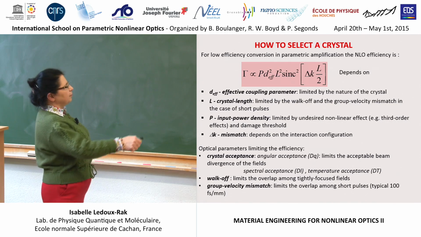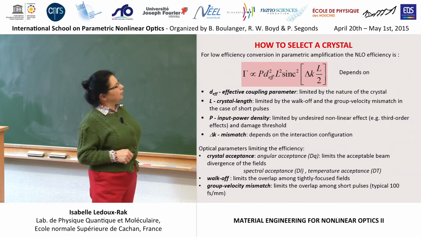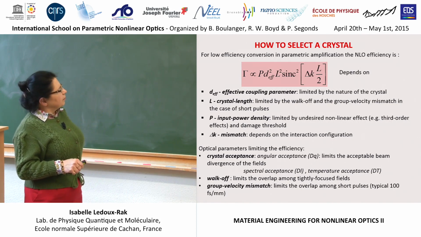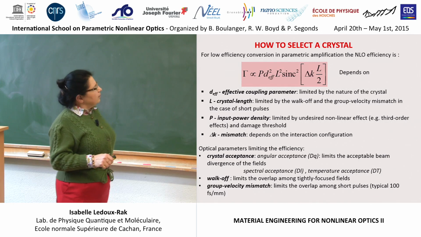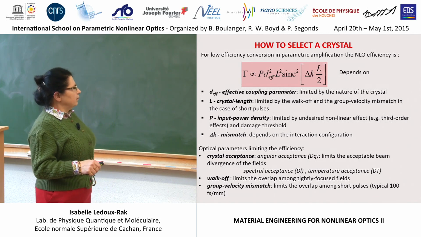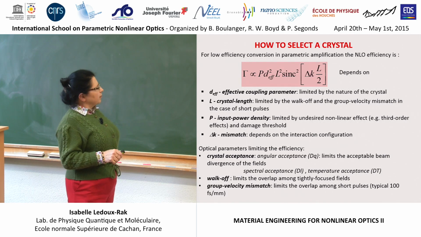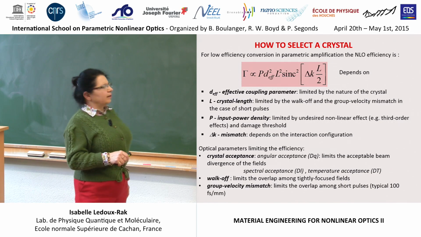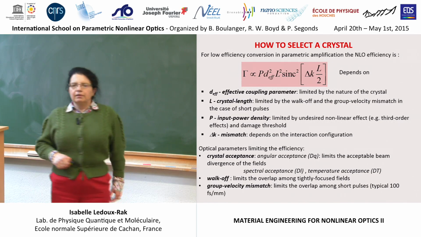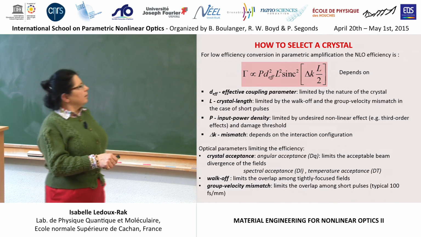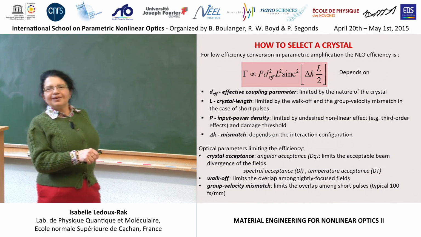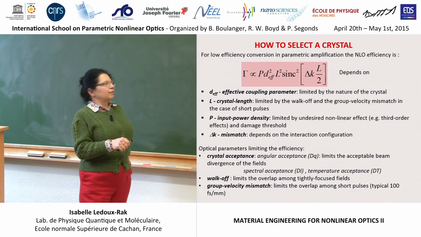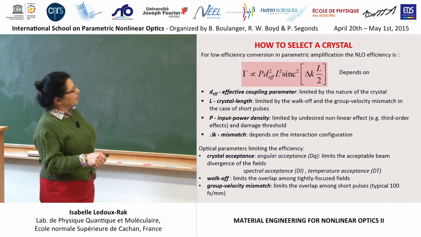So from a general point of view, how to select a crystal for nonlinear optics? Taking the example of parametric nonlinear response here, the efficiency is proportional to the input power density, the effective nonlinear parameter you have seen in the lecture by Benoît Boulanger, that can be calculated in each set of polarizations for omega and 2 omega, and the interaction length.